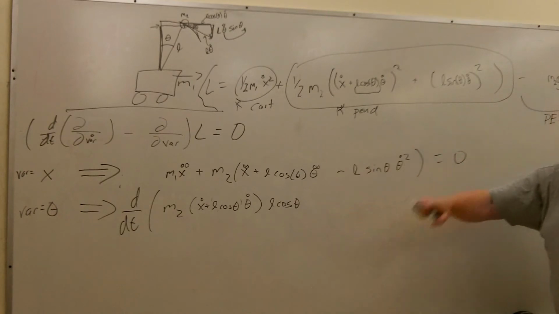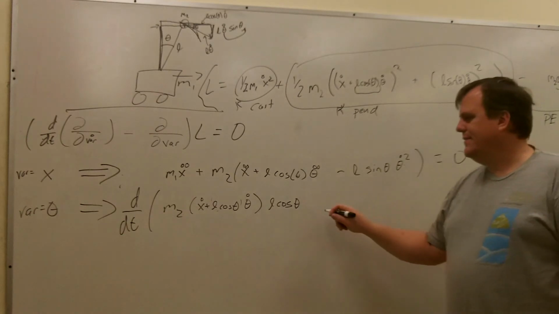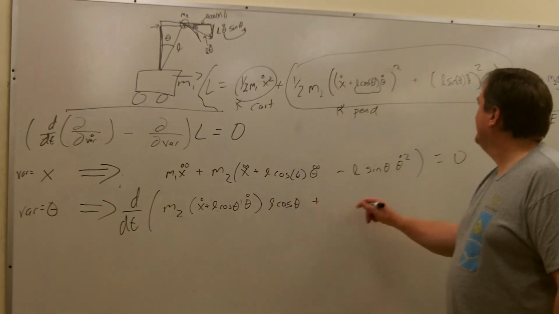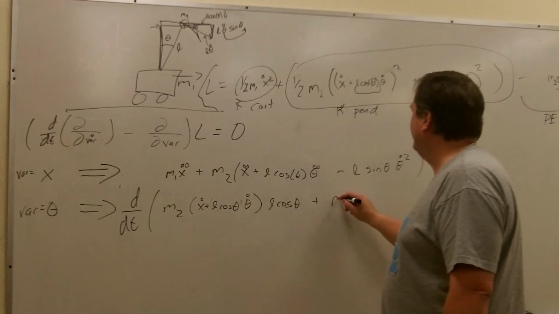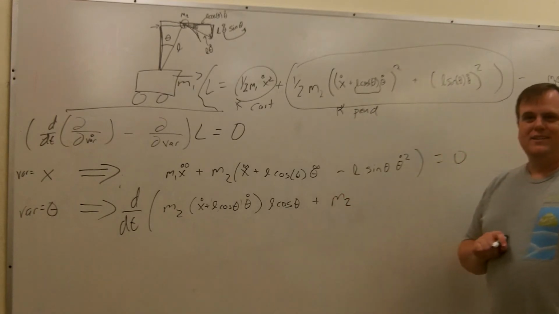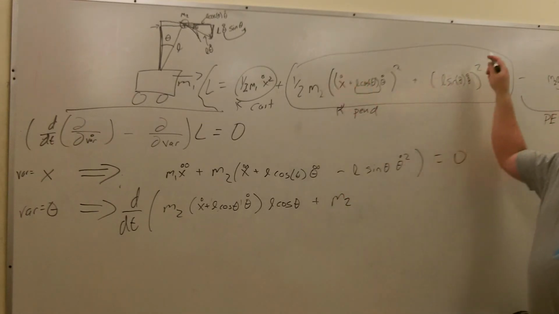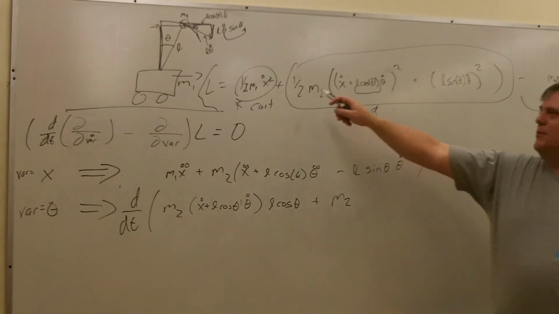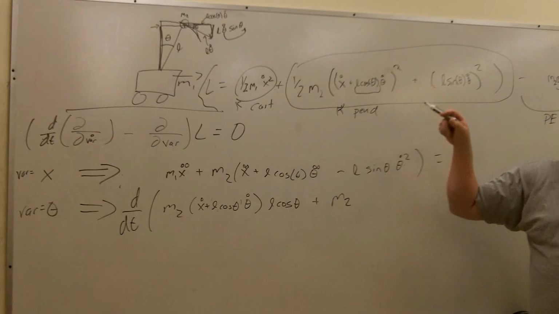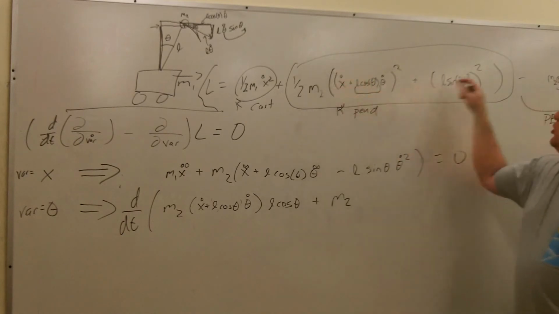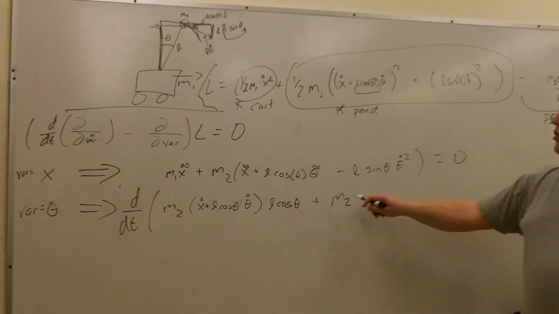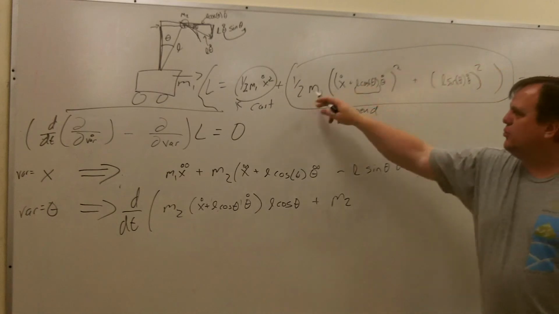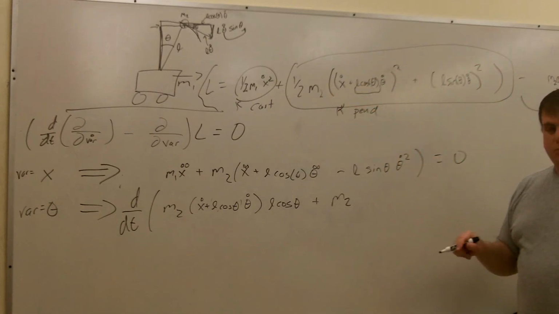Okay. Do we agree with the first term? Then you ought to be able to do the second part of that term for me. Just L sine theta dot. Don't forget the collection of enclosing parentheses. You have to distribute that 1/2 m2 to both terms. So you get the 2 times 1/2 m2 just gives you the m2.